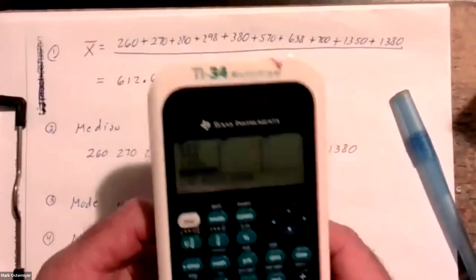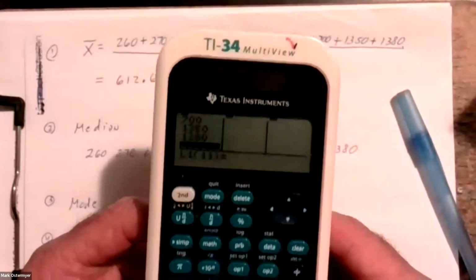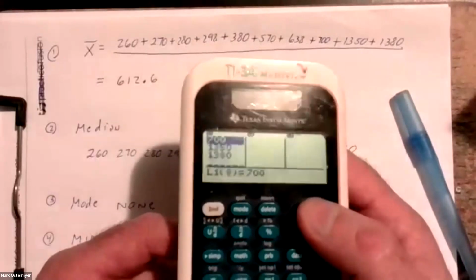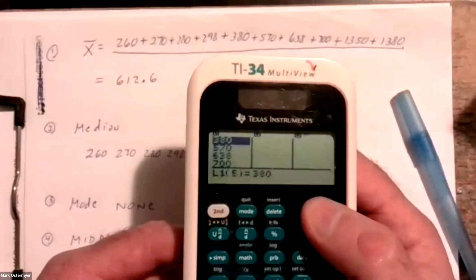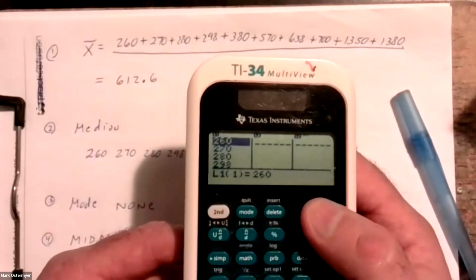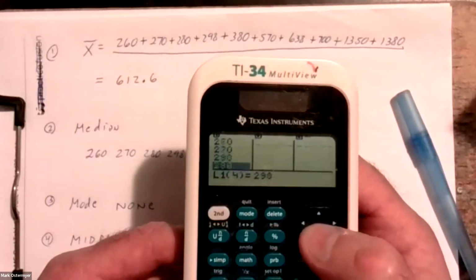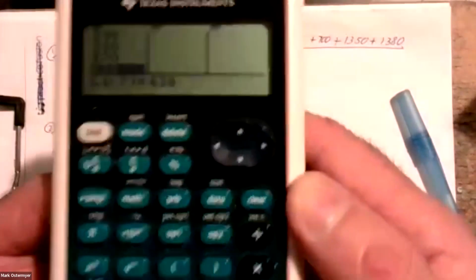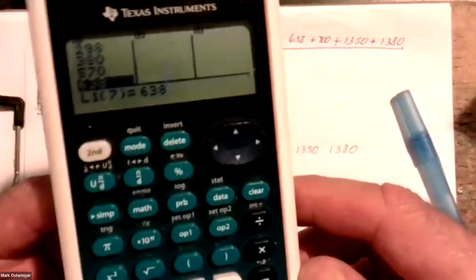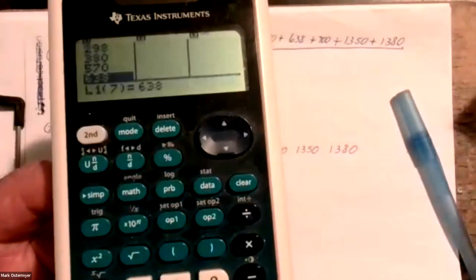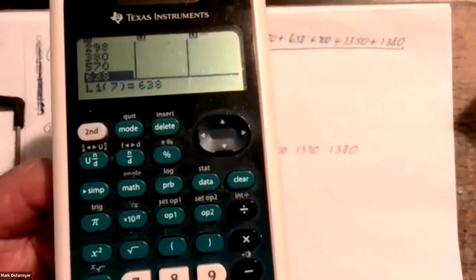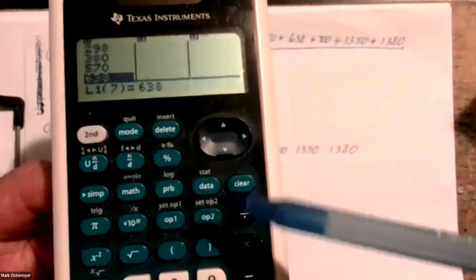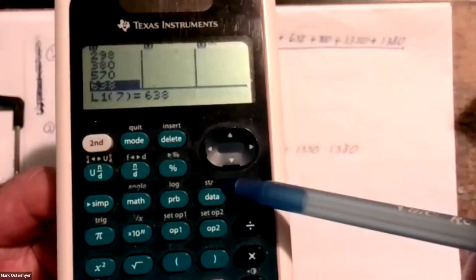Unfortunately, this calculator cannot sort or order your data, but nonetheless, you can still enter it into a list and then have your calculator crank out some statistics from this list. Once you've got your data in your list, you're going to hit your stat button. Your stat button is above your data button.